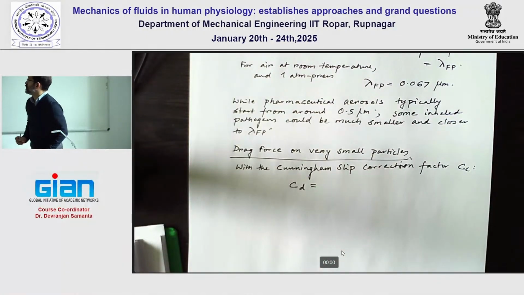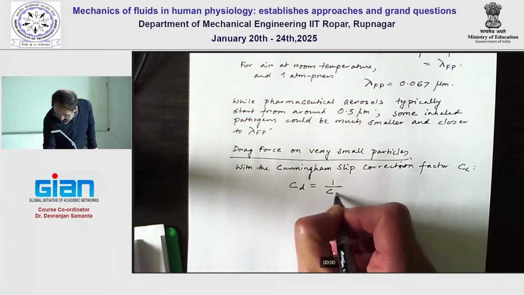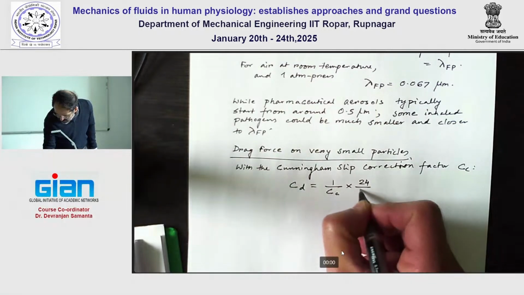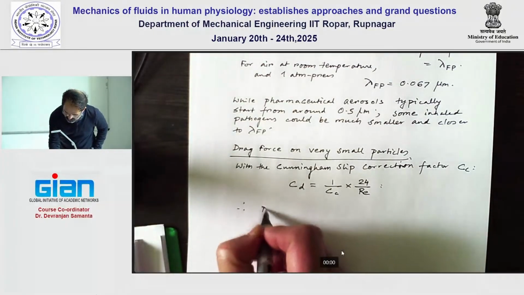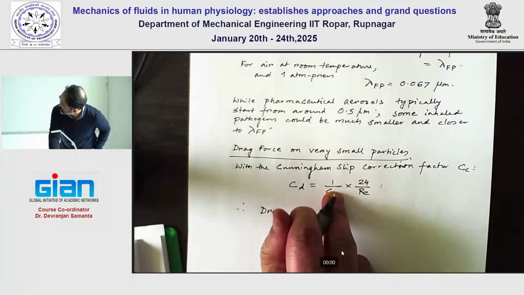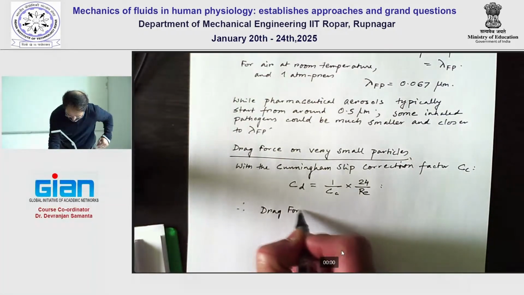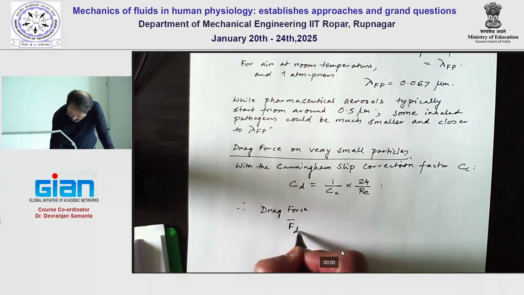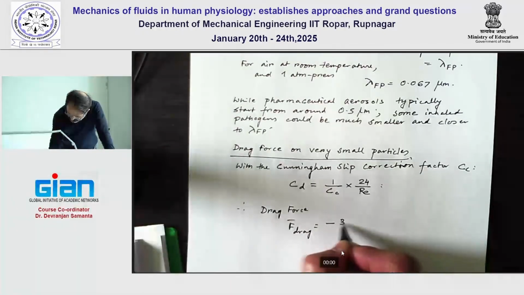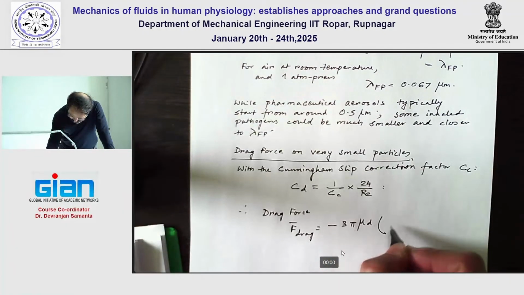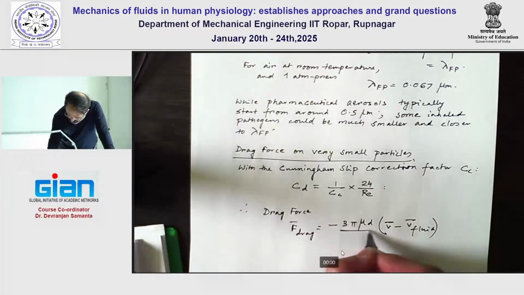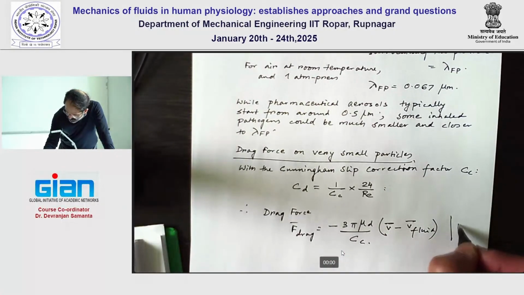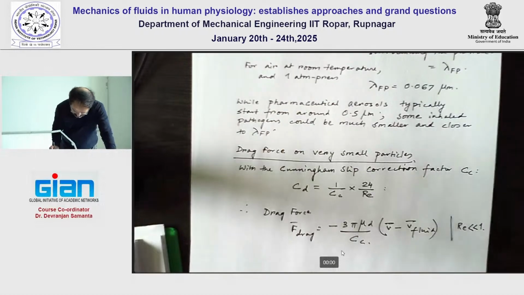So let's call that Cc. That Cd, the drag coefficient, is now 1 over Cc times 24 over Re_d, what it was before. Therefore, the drag force just gets this extra factor Cc in whatever we had before. And of course, Re is still much smaller than 1.